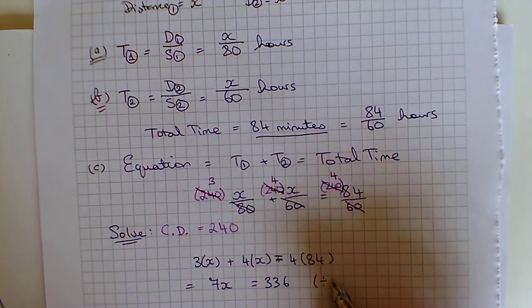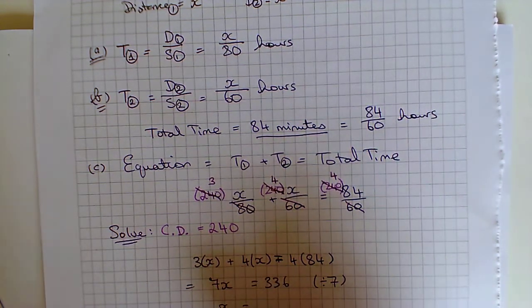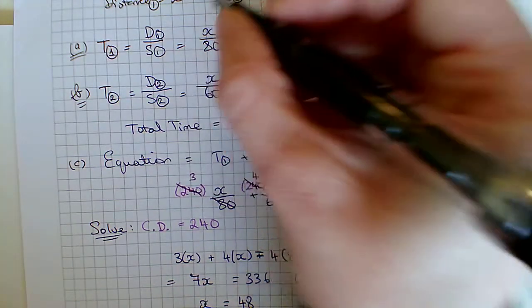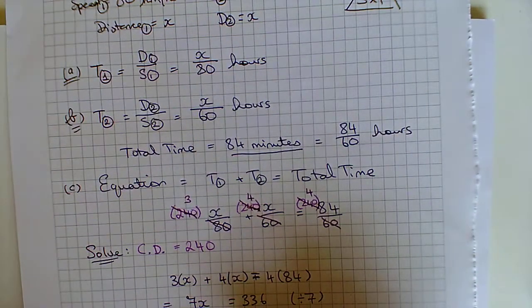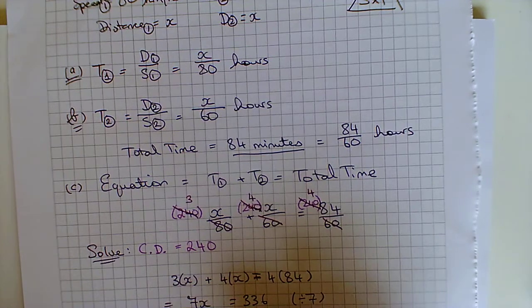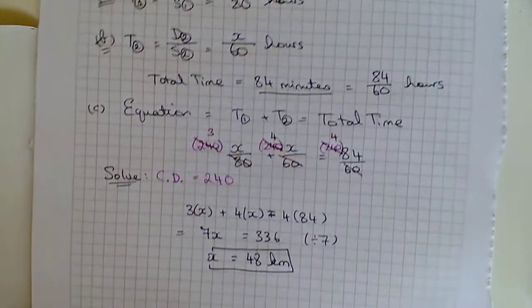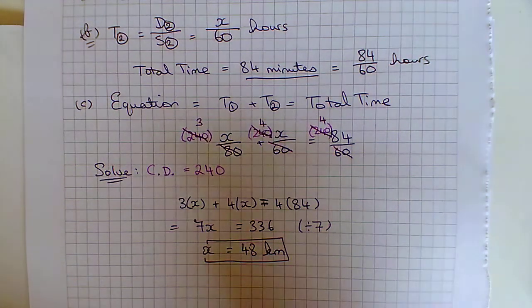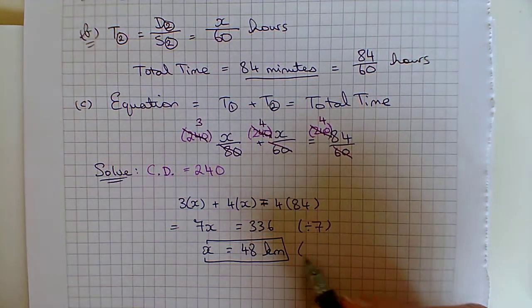Divide across by 7. x is equal to 336 divided by 7, which is 48. And what was x? x was distance, so it's 48 kilometers. Now, is that what I was asked? I'll check at the end if I answered the question. Write an equation to show this information, hence find the distance between his home and the workplace, and that's what x is. So we've answered the question.